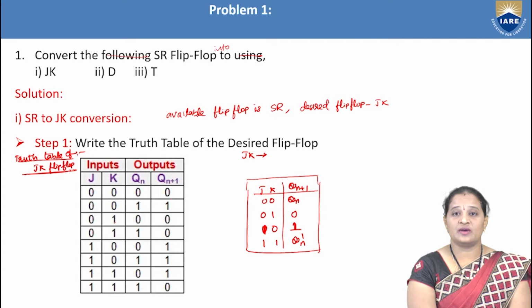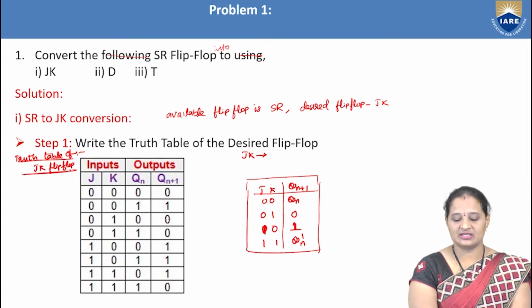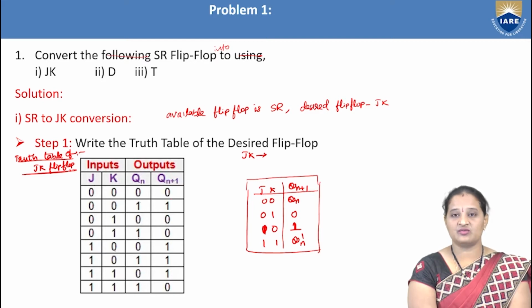Now when the K input is 1 and J input is 0, irrespective of the present state, the flip-flop will reset and hence the next state is equal to 0, whatever the present state may be. When J is equal to 1 and K is equal to 0, it sets irrespective of the present state, and hence even if the present state is 0, the next state is 1, and if the present state is 1, the next state is also 1.